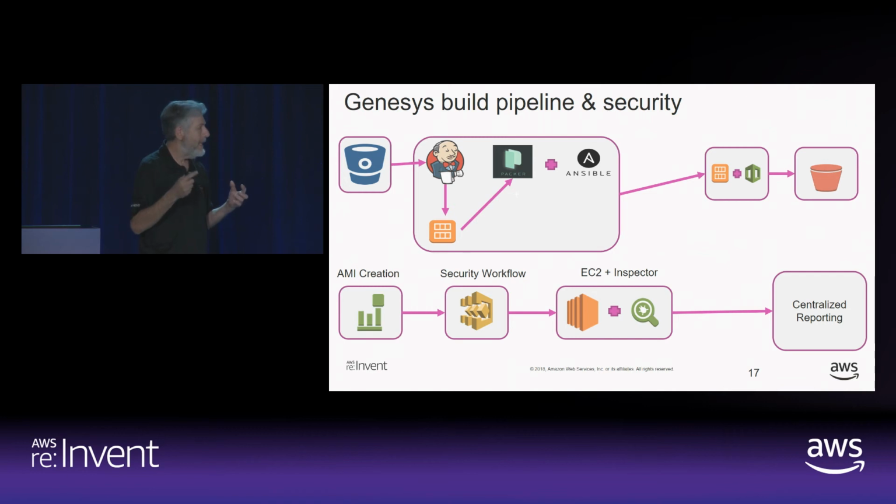At the same time, CloudWatch is going to give off an event that says, hey, a new AMI just launched. We're polling for that topic to come up, and we're going to launch a clone of that instance on a spot instance, so it's cheap. We're going to run AWS Inspector against it so that we can do a security scan of the instance that they just built.